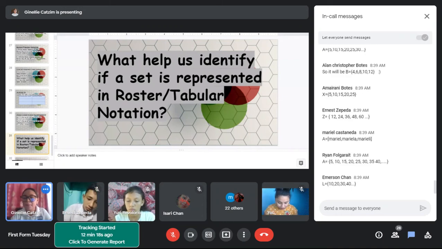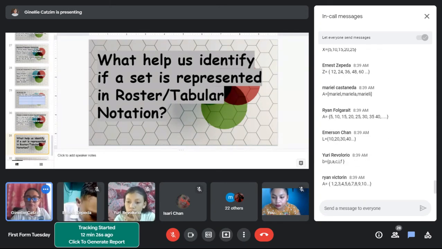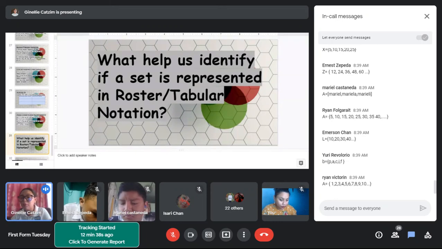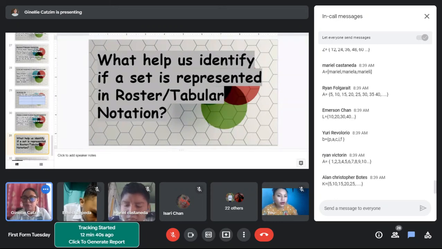Marielle, remember, the brackets are not square brackets. They are curly brackets. If you're doing it on your laptop, you need to press shift and the square brackets to get the curly brackets. But apart from that, good example.